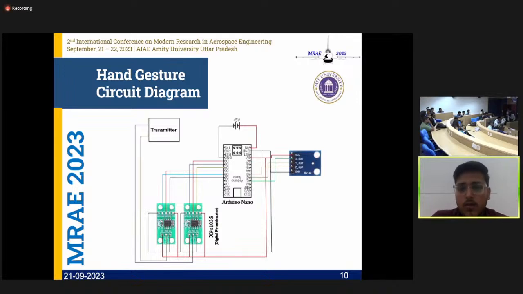The ADXL 335, which is the accelerometer, we have used to basically calibrate the angle of our hands. For example, in a stable state, our hand is at 180 degrees, and if I tilt it forward, the angle of the hand is going to reduce. And if I tilt it backwards, the angle of the hand is going to increase.